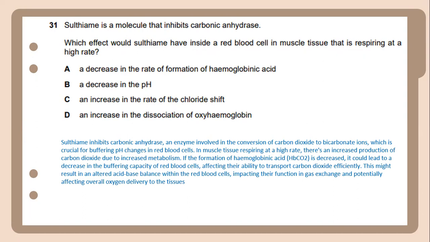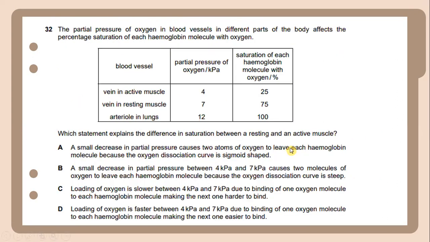This might result in an altered acid-base balance within the red blood cells, impacting their function in gas exchange and potentially affecting overall oxygen delivery to the tissue. So the answer for this will be a decrease in the rate of formation of carbonic acid.